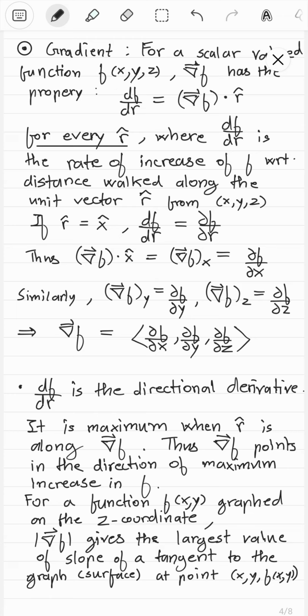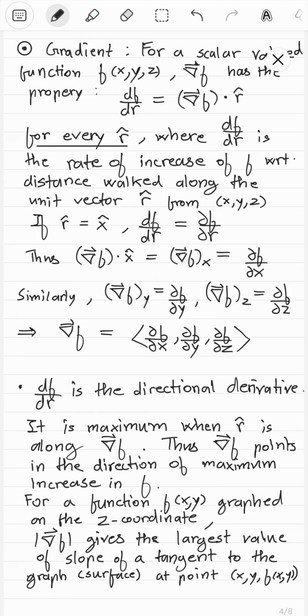So for a function f of x, y, so it's a function of these two variables x and y, it gives a scalar. So you can graph this as the z coordinate, right? And when you graph this, you just get a surface. So for some certain point x, y, the magnitude of this vector gradient f gives the largest value of the slope of a tangent to the graph at that particular point, right?